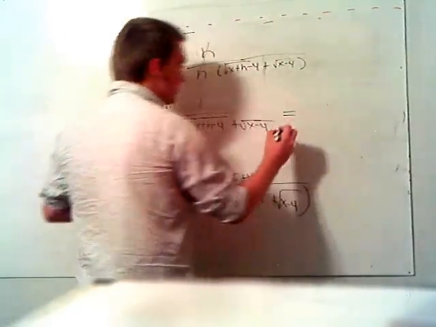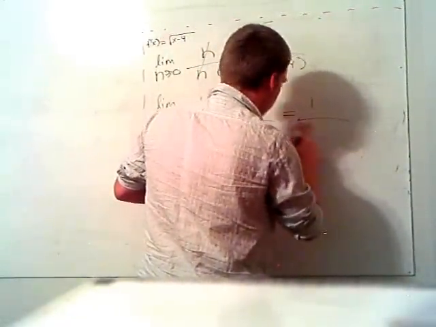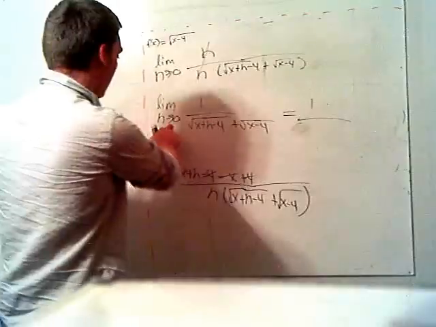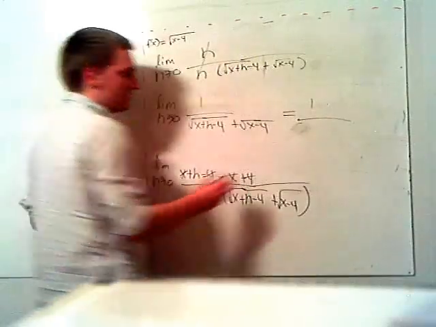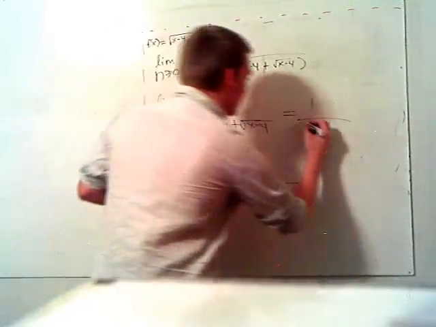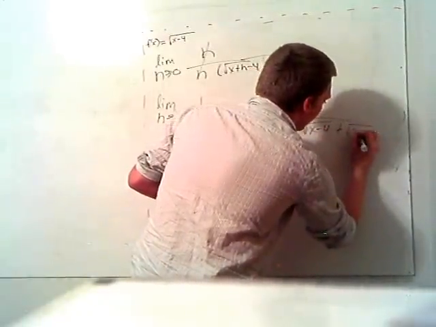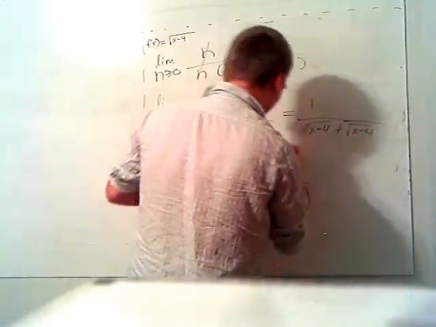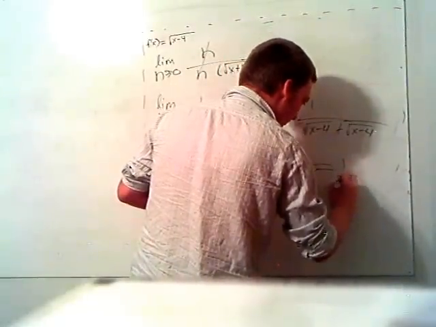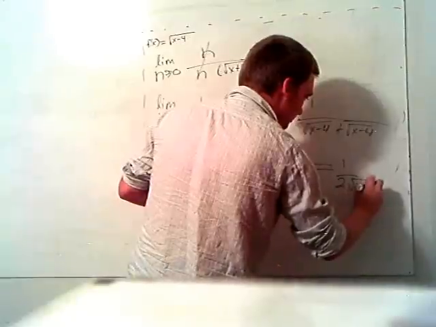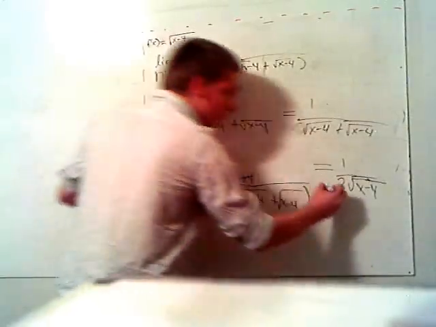And once we evaluate our limit, we get 1 over, this goes to 0 because as h goes to 0, this plus h will go to 0 because you just plug in your 0. The square root of x minus 4 plus the square root of x minus 4, which will equal 1 over 2 times the square root of x minus 4. And there's your answer.